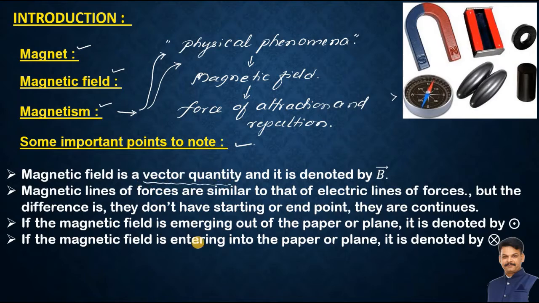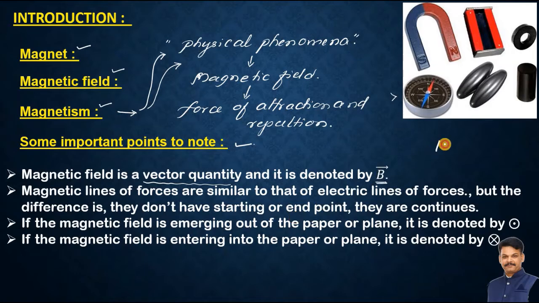Just like the electric field was a vector quantity, in the same way, the magnetic field is also a vector quantity. It has both magnitude as well as direction. And this magnetic field is represented by one symbol, that is vector B.